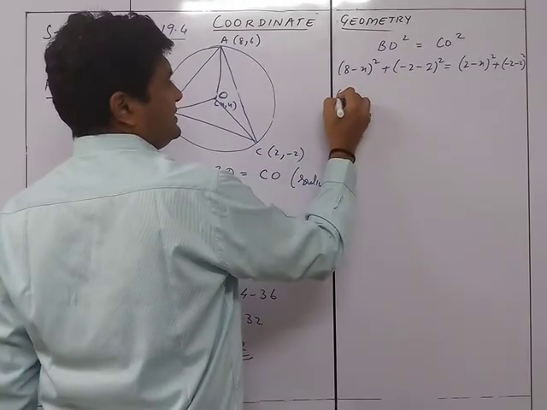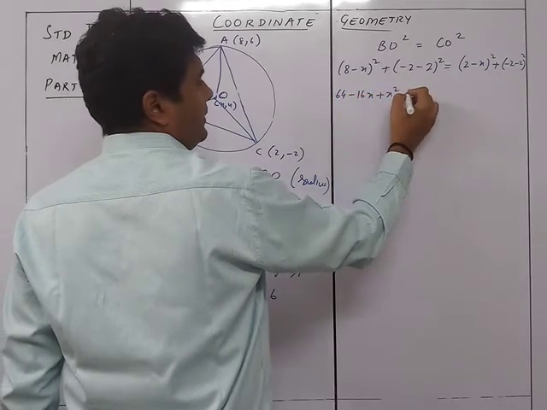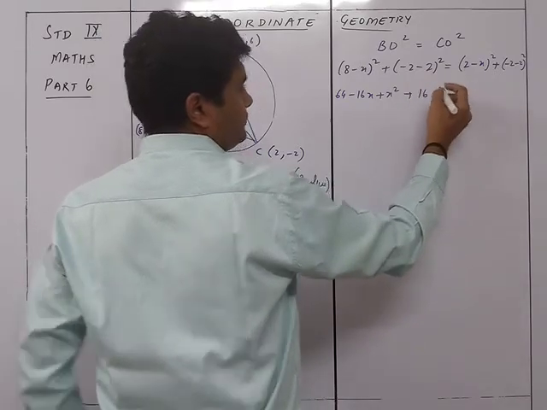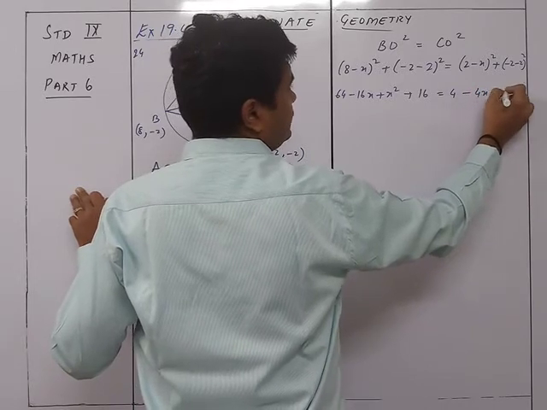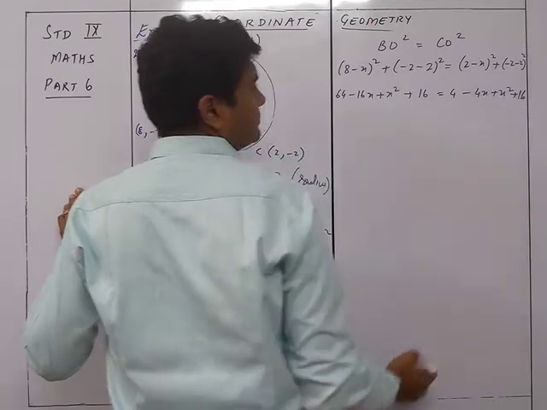So this is 64 minus 16x plus x square plus 4 square is 16, equals 4 minus 4x plus x square plus 4 square is 16.